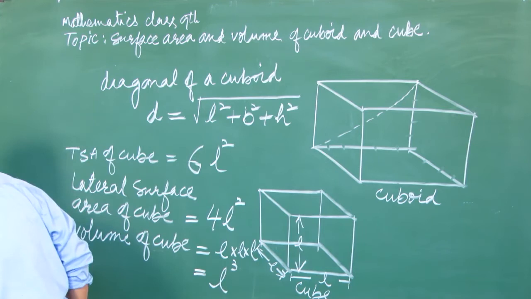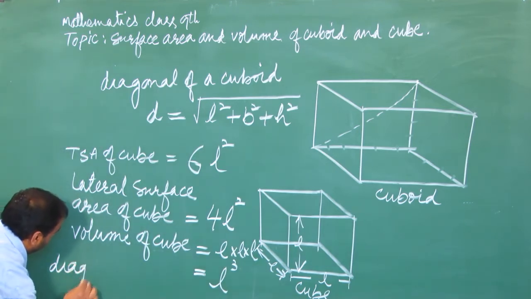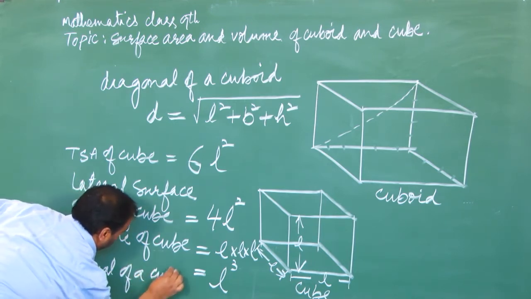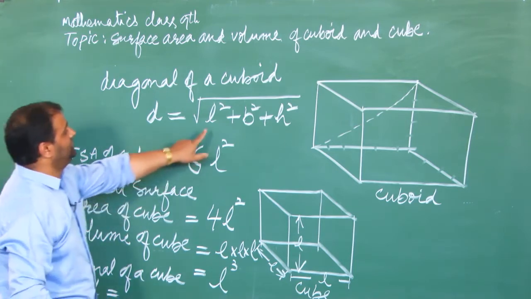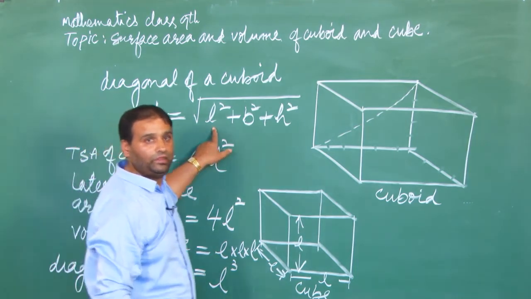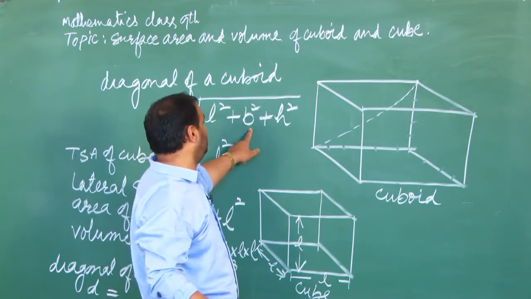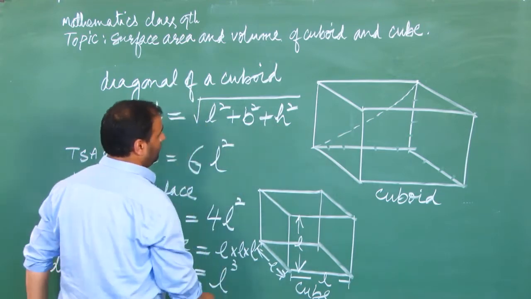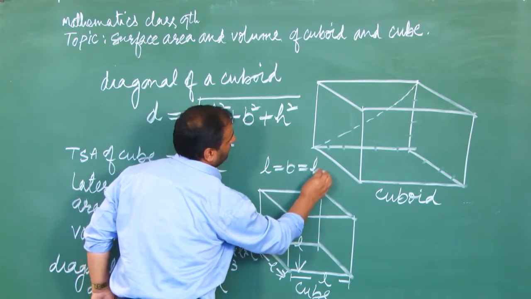Diagonal of a cube. D is equal to, this is L square, and the breadth is also in cube is written as L, again L square, and H is again L square. For a cube, length, breadth and height are all equal.